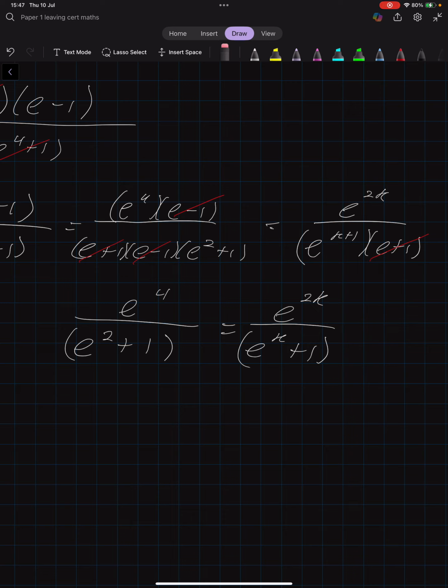Sorry, that is incorrect again. That should be a plus 1 down here. So I'm left with this. Now, just by looking at the left and the right, you can see that this thing has to be equal to this, and this has to be equal to this. So therefore, k has to equal 2.